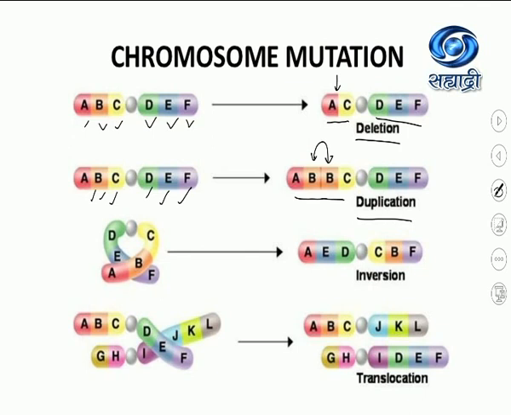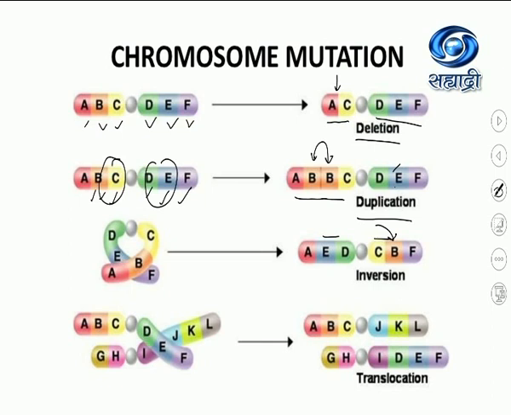Let us see what inversion is. This was a linear chromosome, but because of some agent, some chemical, radiation, or some other reason, it got folded, twisted, and broke. And what happened? Look here, it took a turn of 180 degrees. BC got attached here, and DE got attached here. In the linear one, DE was here, it broke, BC broke, BC got inverted by 180 degrees and became CB.